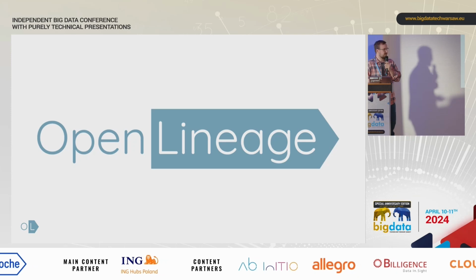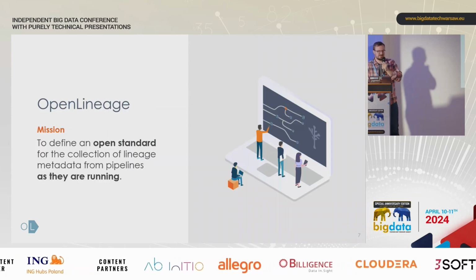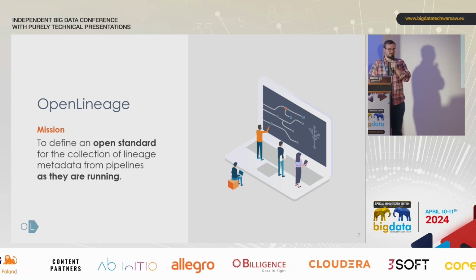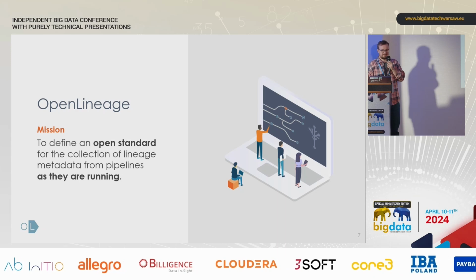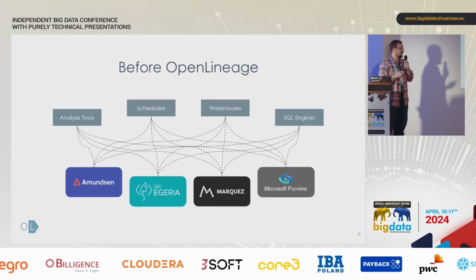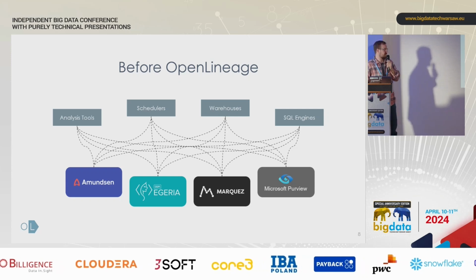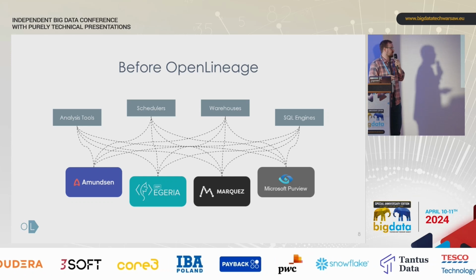OpenLineage is an open standard for the collection of lineage from the pipelines as they are running between different platforms. Before OpenLineage, when using platforms that don't support lineage, you have to connect all of those dots together, right?